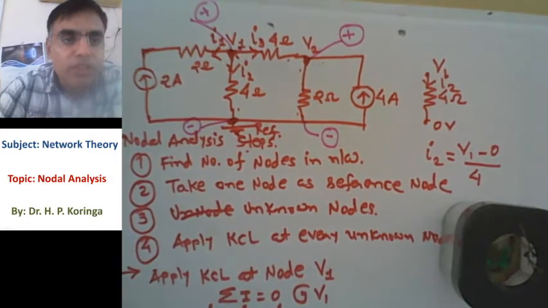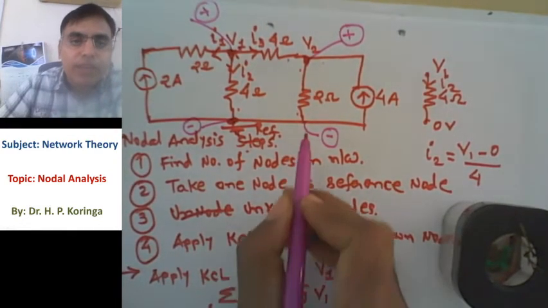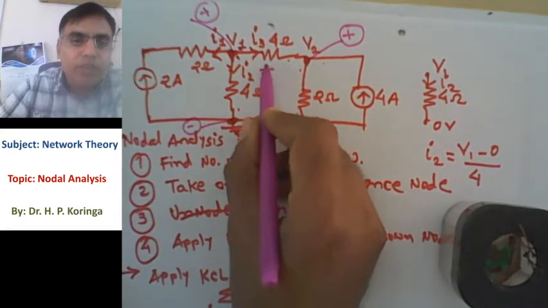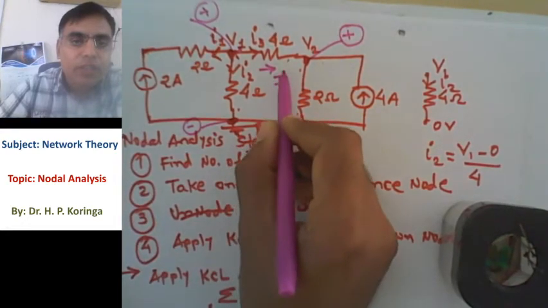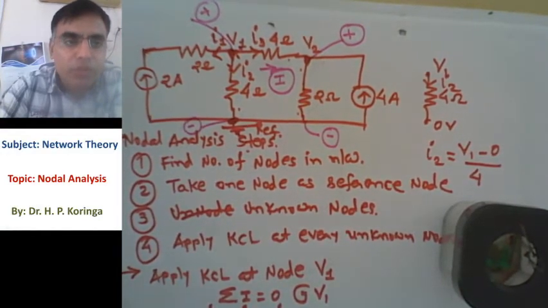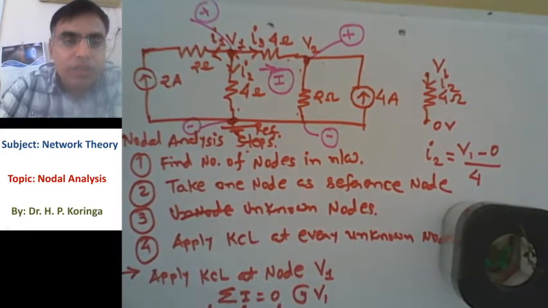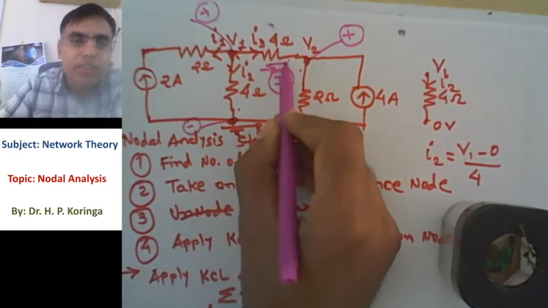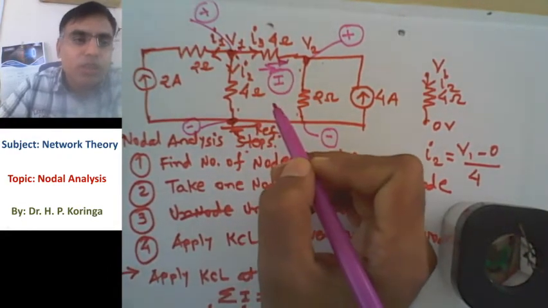Now suppose in the same network the question is to find out the current I passing through the 4 ohm resistance, indicated in the network, using nodal analysis.